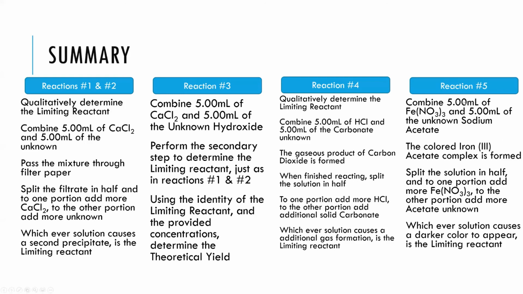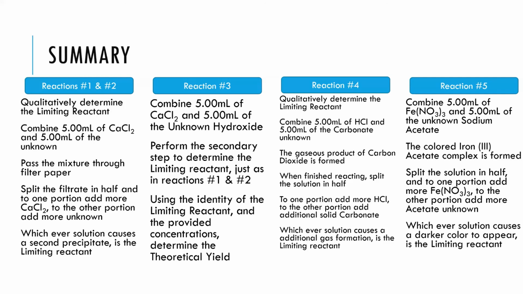And in reaction number 5, looking at iron nitrate and sodium acetate, again, combining 5 milliliters of each, only this time you're looking at color intensity. When you combine those solutions, it will form that orange color. And then if you add more of one component, it will get darker.